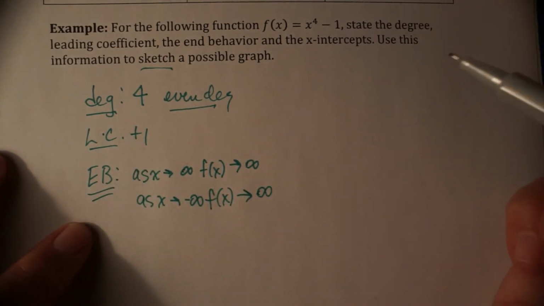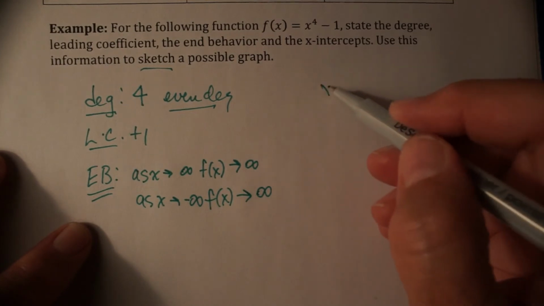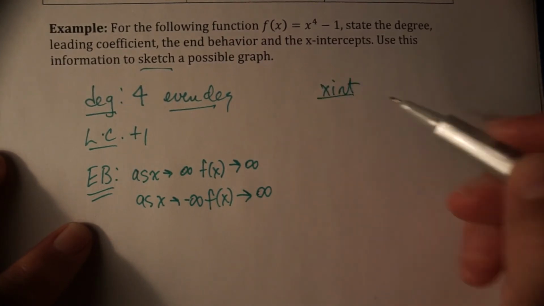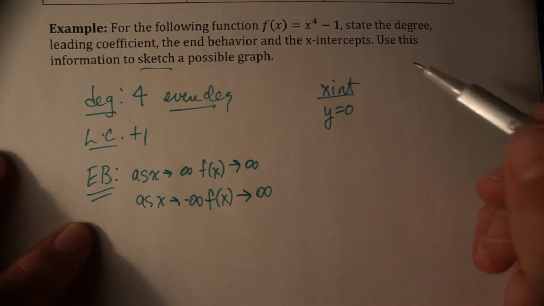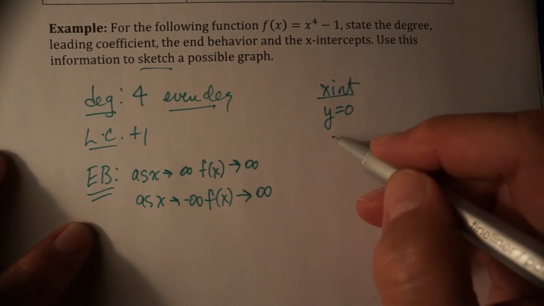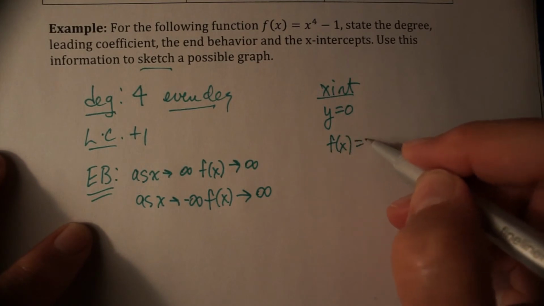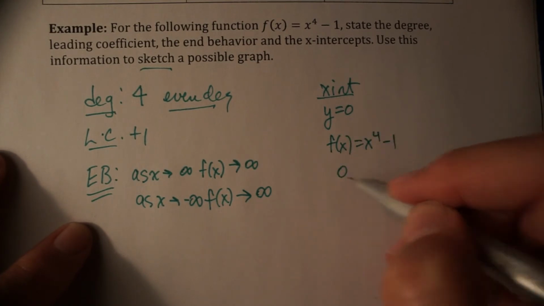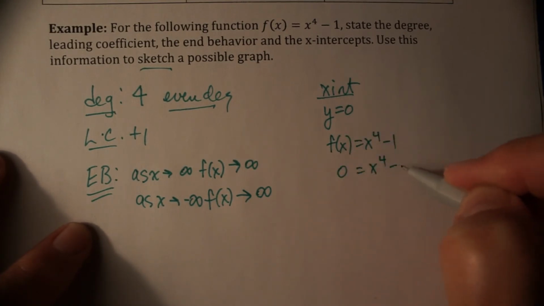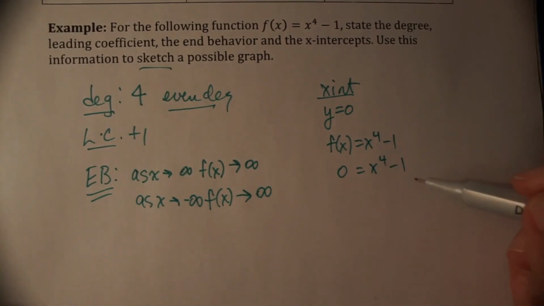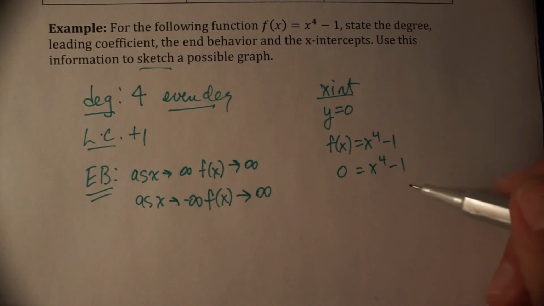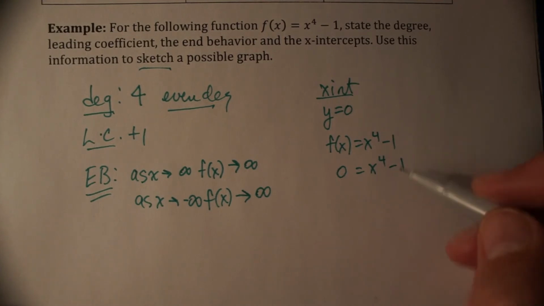The last thing they asked us to find was the x-intercepts. Now, x-intercepts, like we've been learning since grade 9, are where y is equal to 0. So we have our function f of x, which is just like y, equal to 0, and solve for x. This is one of those ones where I could try to factor, but I can isolate the x instead.